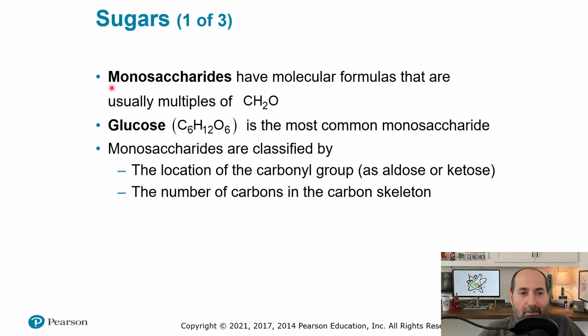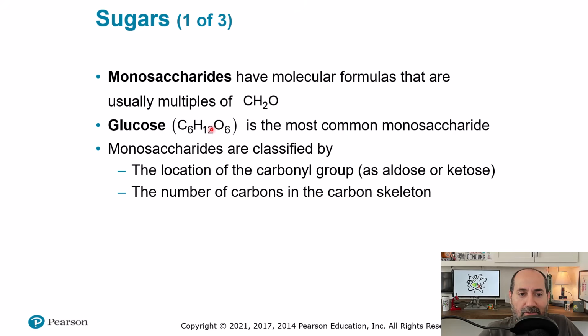So what does a monosaccharide look like? Well, monosaccharides have a molecular formula that is a multiple of CH2O. So usually sugars have a molecular formula that is some multiple of CH2O.